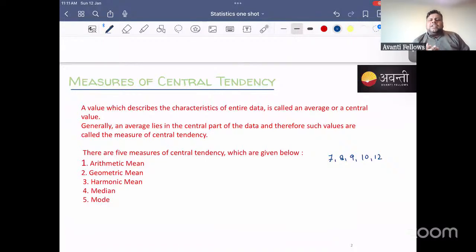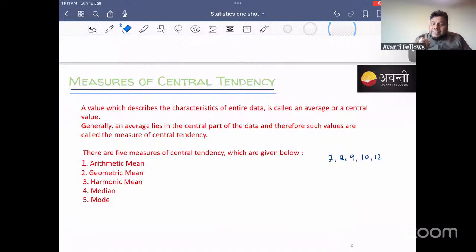So what will you generally say? That the score of the batsman is revolving around 9 or 9.5? Yes or no? The score of the batsman is somewhere around 9 or 9.5. So that is what we call the measure of central tendency.